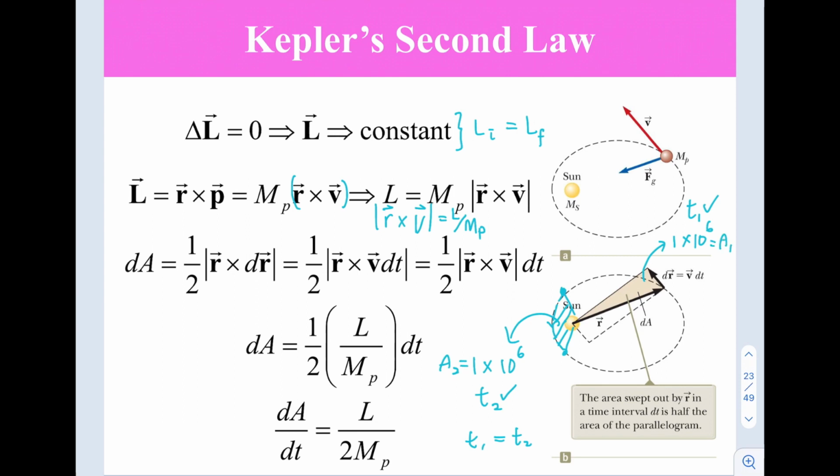This is the application of Kepler's second law. Then we have the conclusion: if you have the same area covered, it means that the time taken will be the same. This is the application of Kepler's second law.